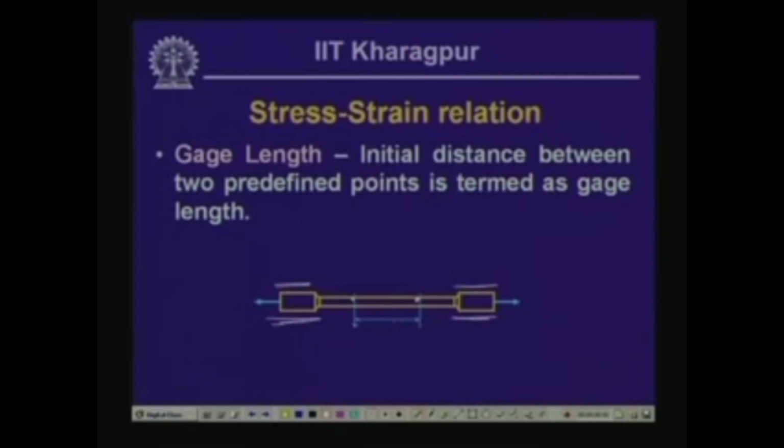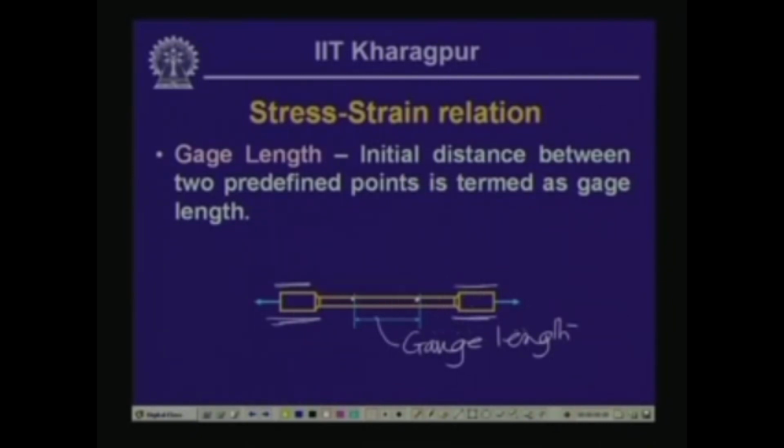This length we call the gauge length. So, this is the initial distance between two predefined points, and we call it the gauge length. As I said, this length we consider in between the bar and a little away from the grip zone, so that this particular zone is not affected by the force distribution or the stress distribution in the grip zone.